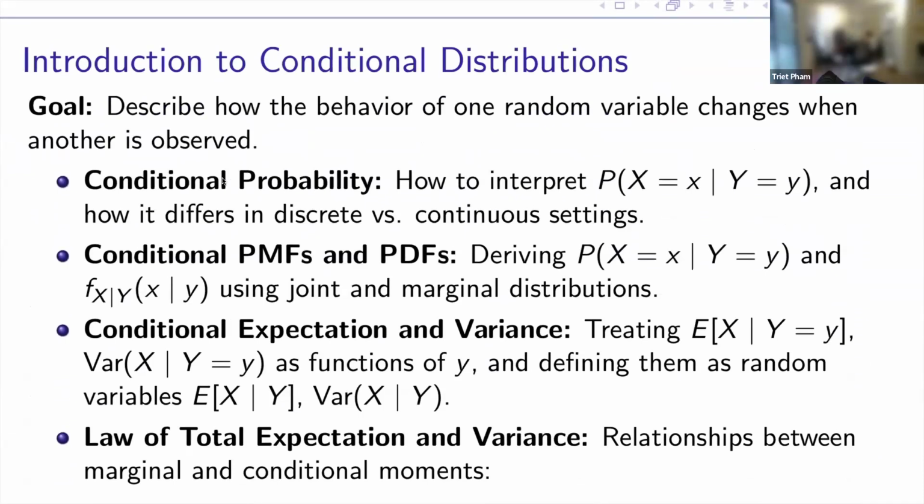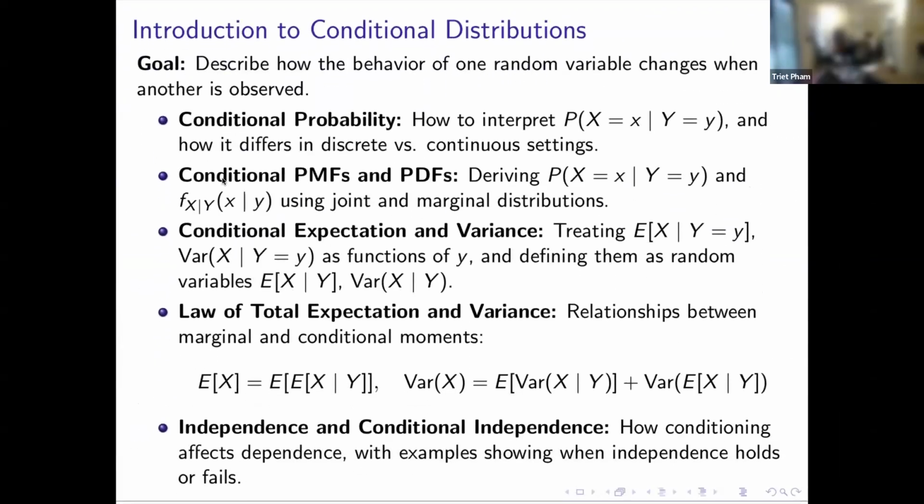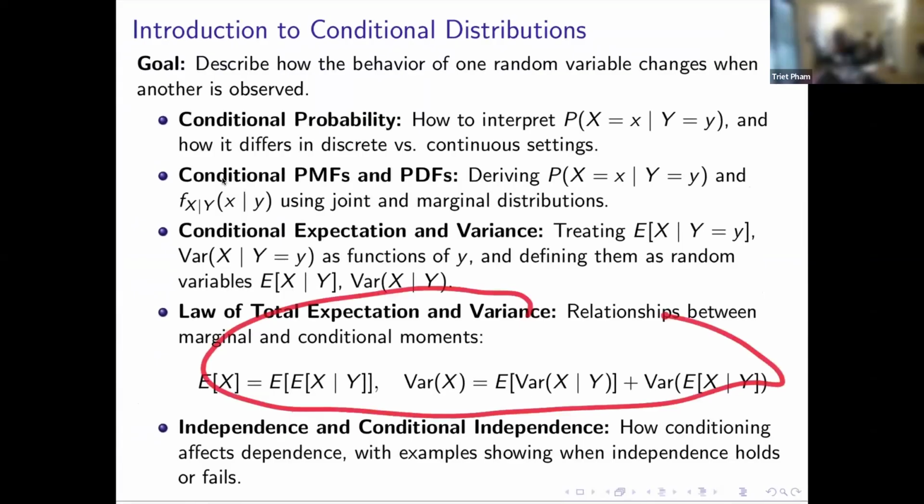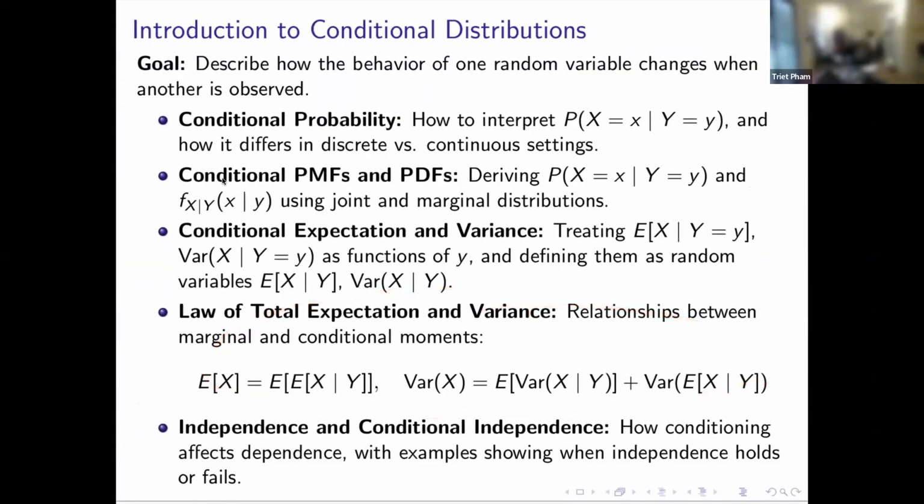But in some other way, conditional distribution is deeper than just a formula. The reason is its connection to the law of total expectation and law of total variance. From my point of view at least, this part is the bridge from a beginner's class like this to more advanced materials like stochastic processes and other kinds of work.